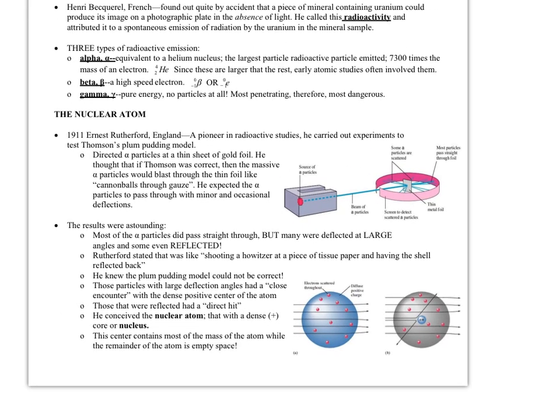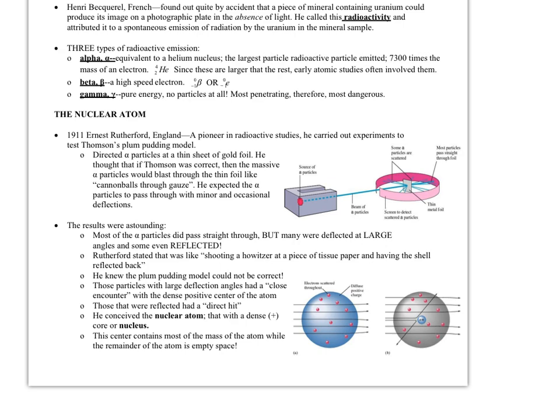Then we have the nuclear atom. Up until this time, 1911, we thought that only electrons existed. The nuclear atom was discovered by Ernest Rutherford in his famous gold foil experiment. He aimed some alpha particles, which are positively charged, towards some gold foil.